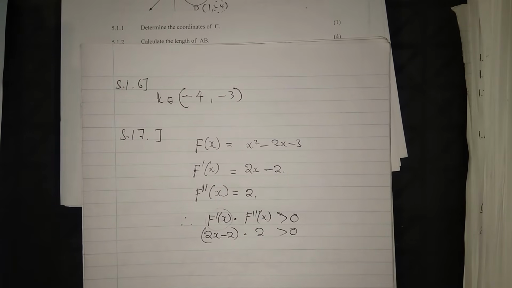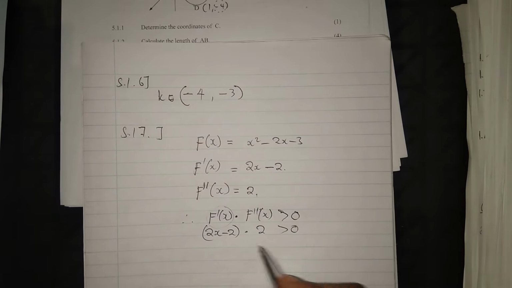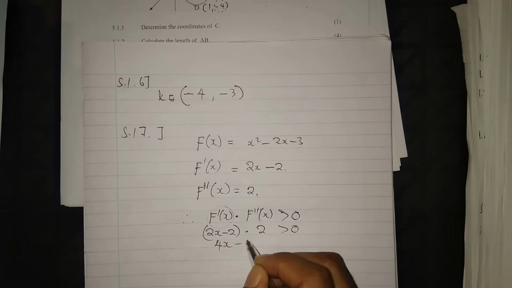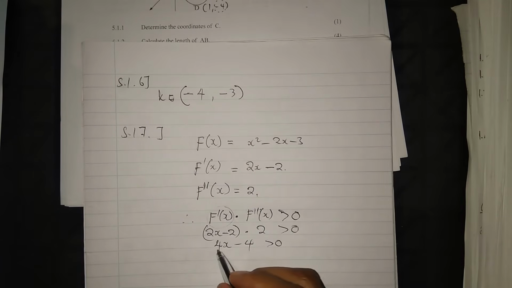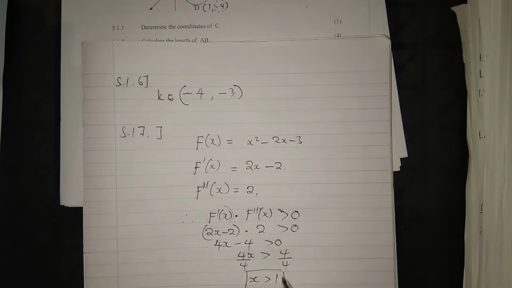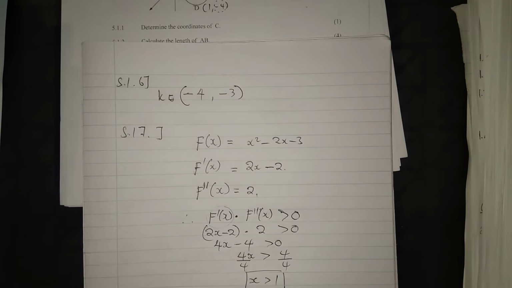So here I just simplify for x. So we get 4x minus 4 greater than 0. Transpose the 4, so it's positive 4, divide both sides by 4. So x is greater than 1. x greater than 1.